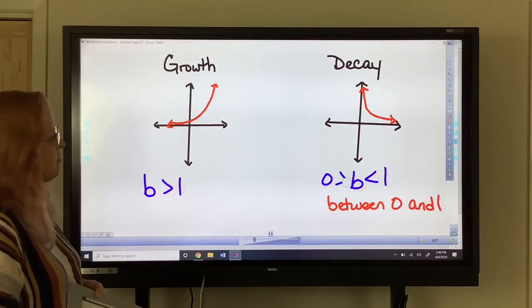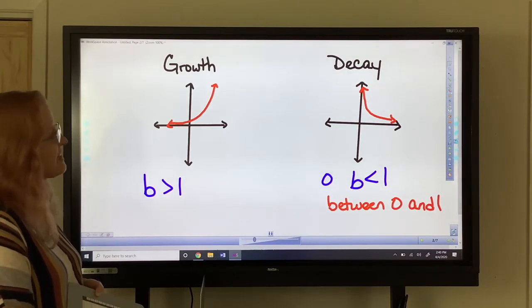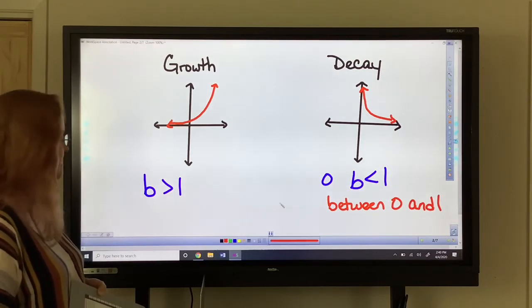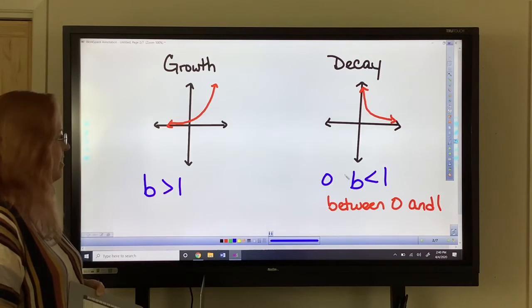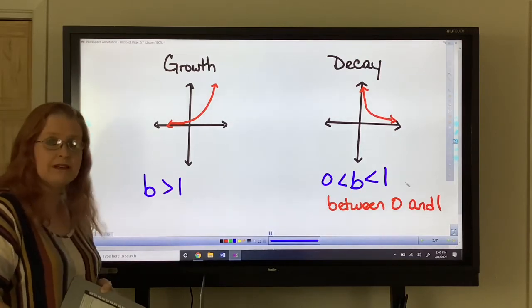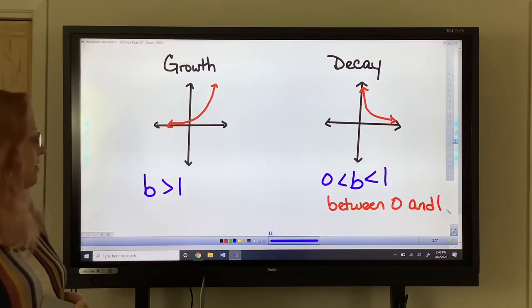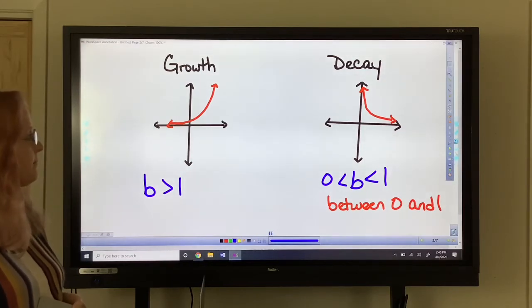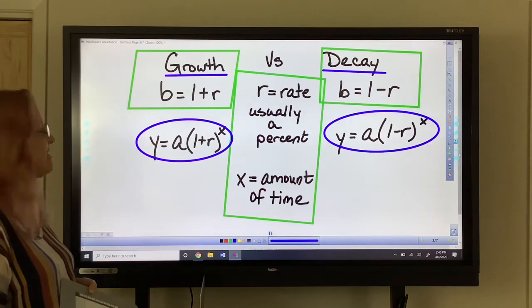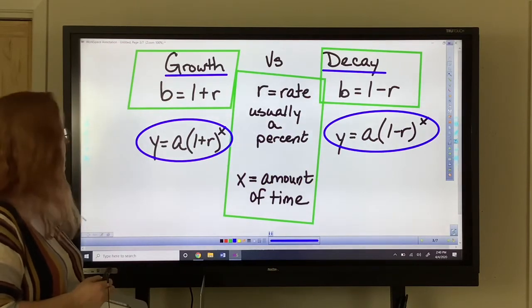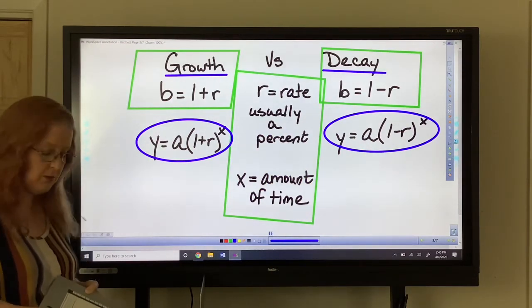Let me fix that real quick. B has got to be greater than 0 and less than 1. And so your values are going to be between 0 and 1. Okay. Now, I know this slide's a little busy. Let me put up my curtain. Well, let me talk to you about what these mean.